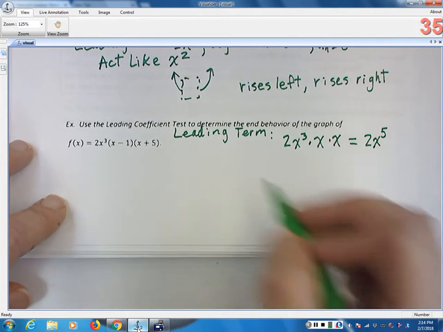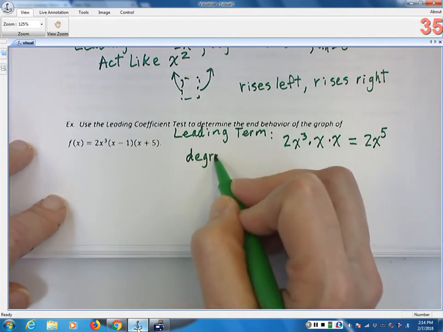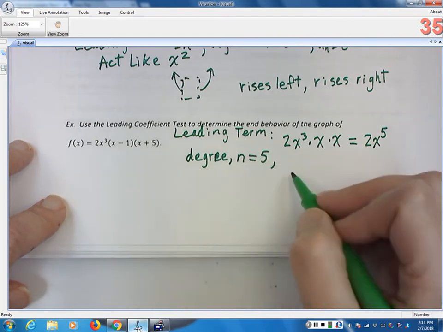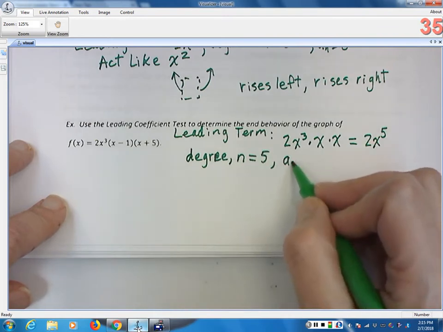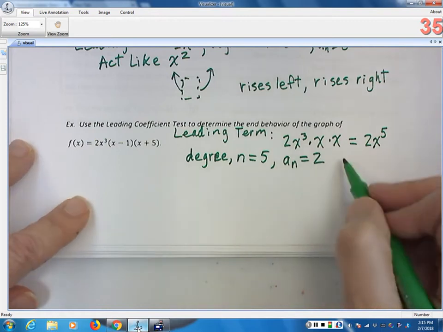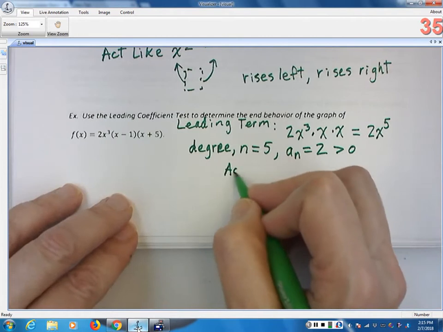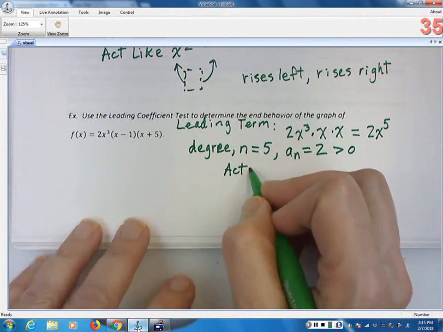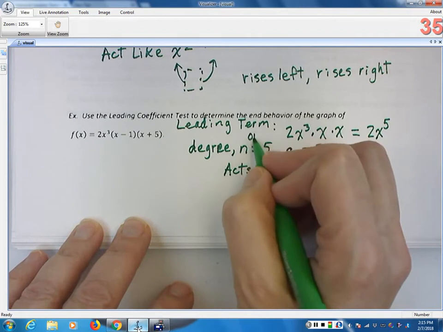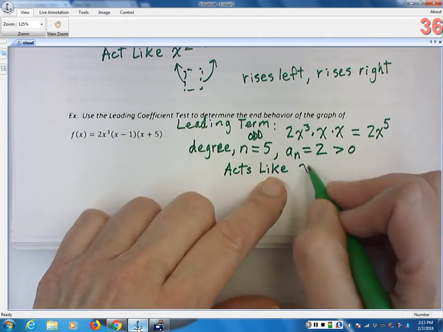So our degree n is 5, and our a sub n, our leading coefficient, is 2, and that's positive. So it acts like, since this is odd, 5 is an odd number, it acts like x cubed.